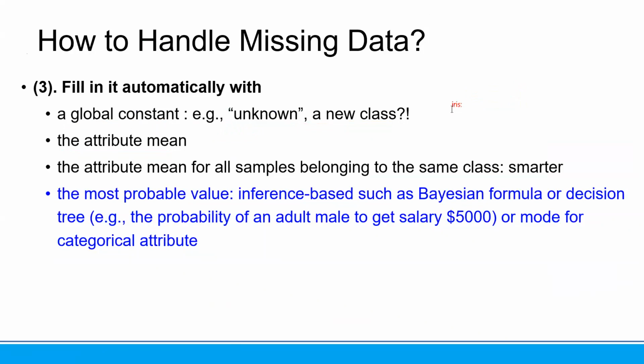In the iris data, we have 3 kinds of flowers: Iris setosa, virginica, and versicolor. Suppose there is a missing value on the sepal length of the iris setosa.